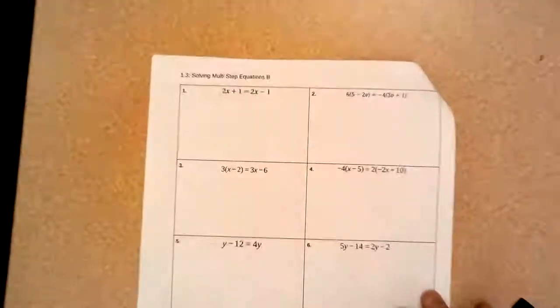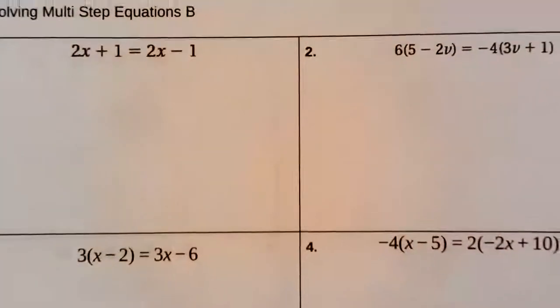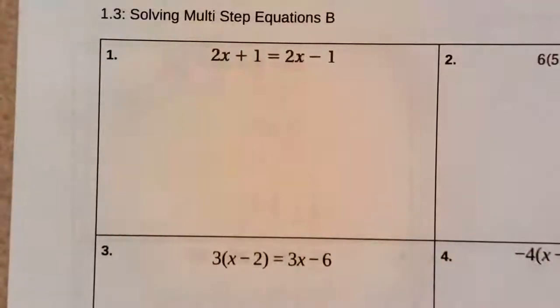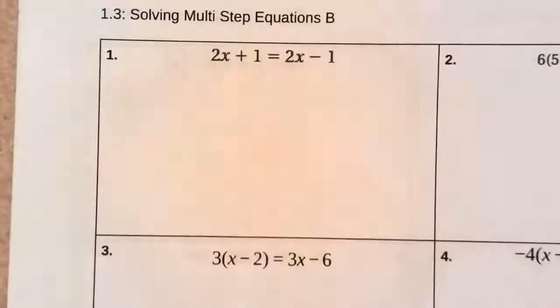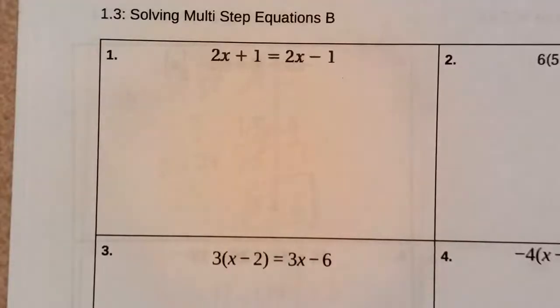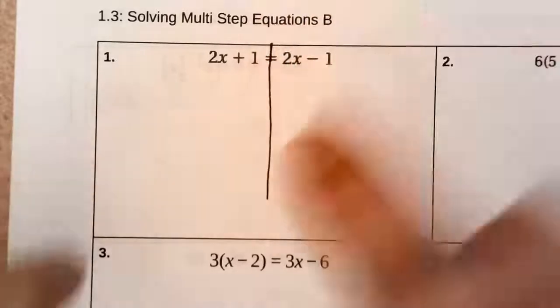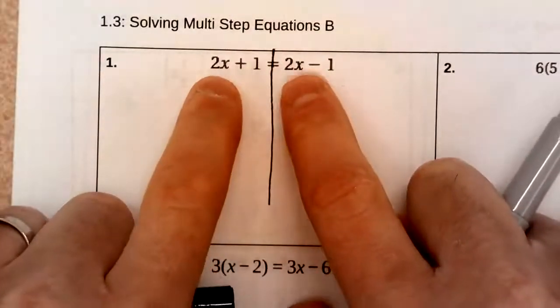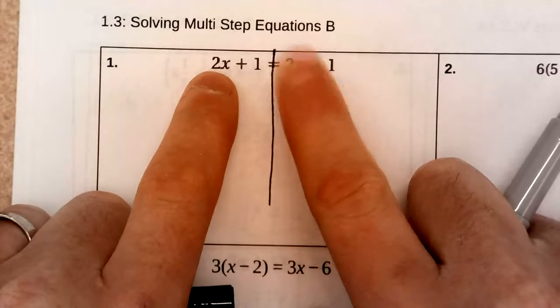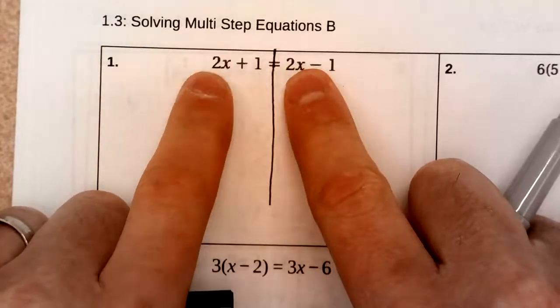So let's go ahead and solve this first equation, solve in quotes. I'm going to split this equation into two halves. There's a variable term on both sides, and I want to fix that first.